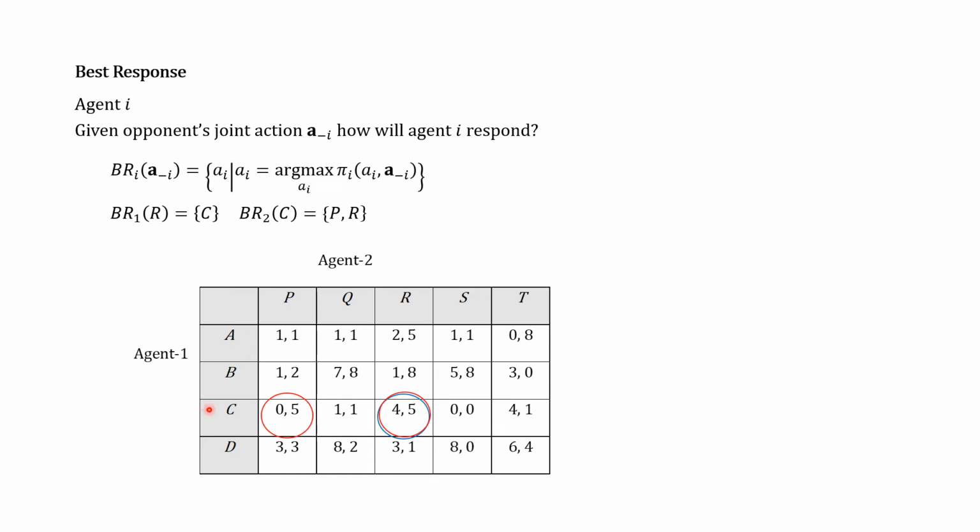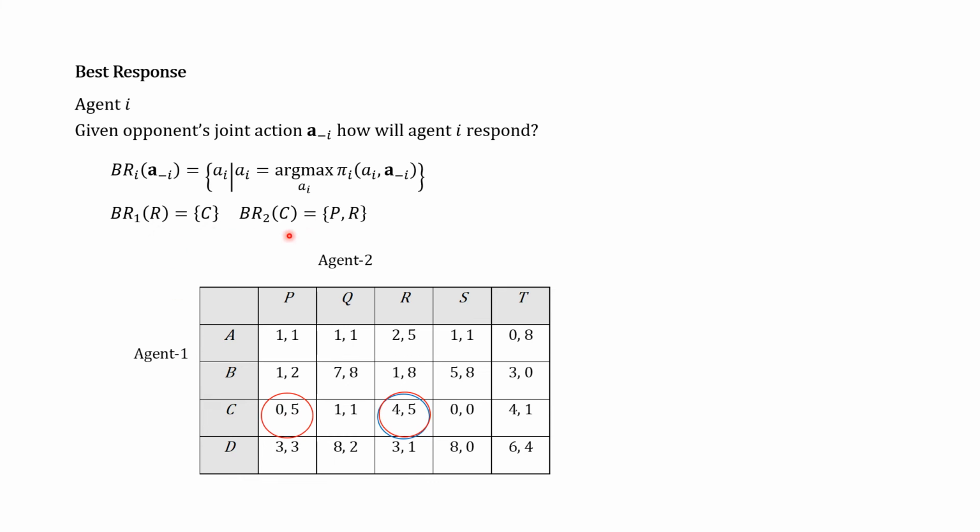Now, consider another case. The best response of 1 to action R of agent 2 is C. It's this blue circle here. Why? Because if you look at the payoffs, 4 is the highest possible payoff for agent 1.